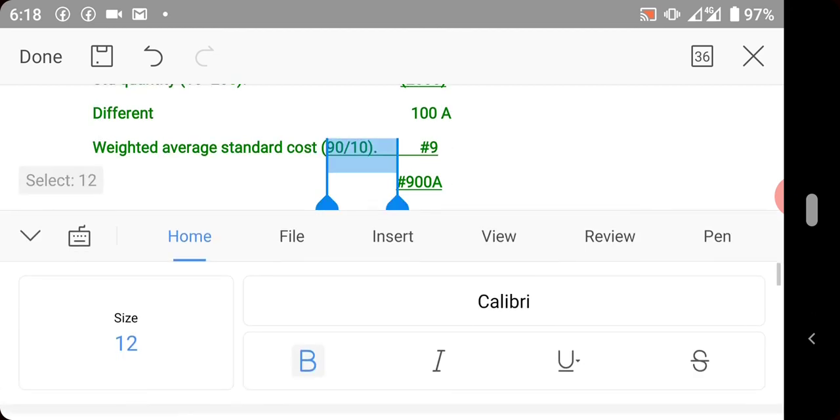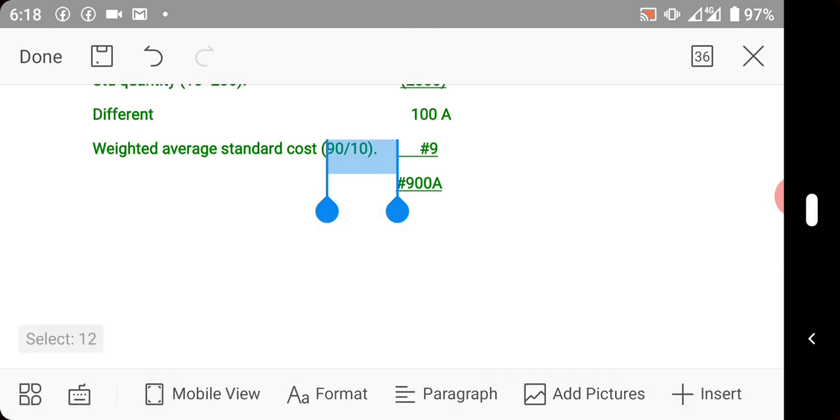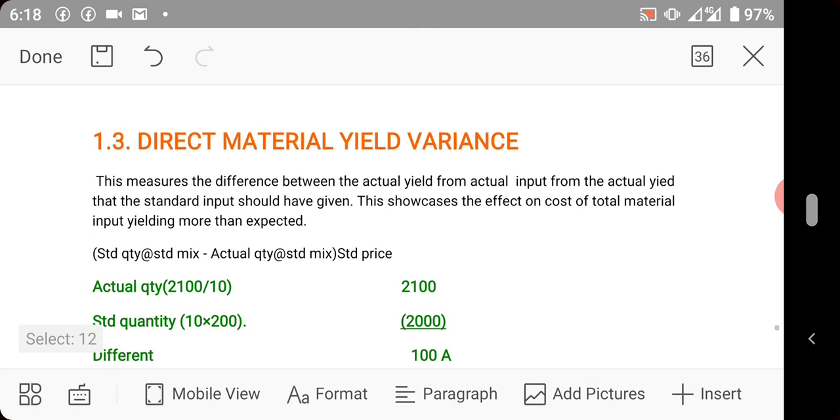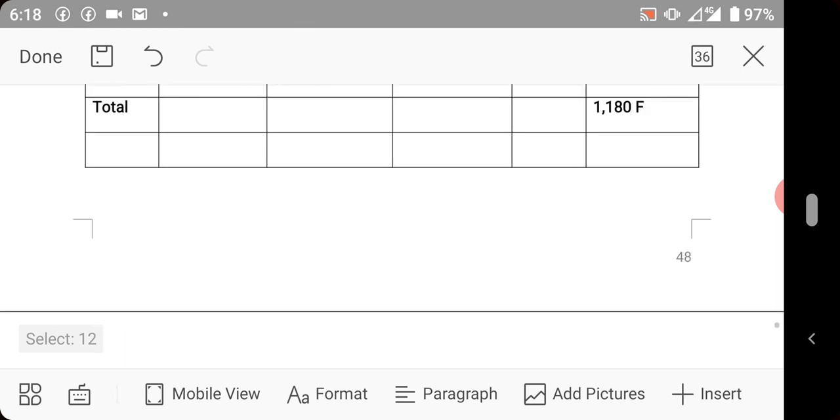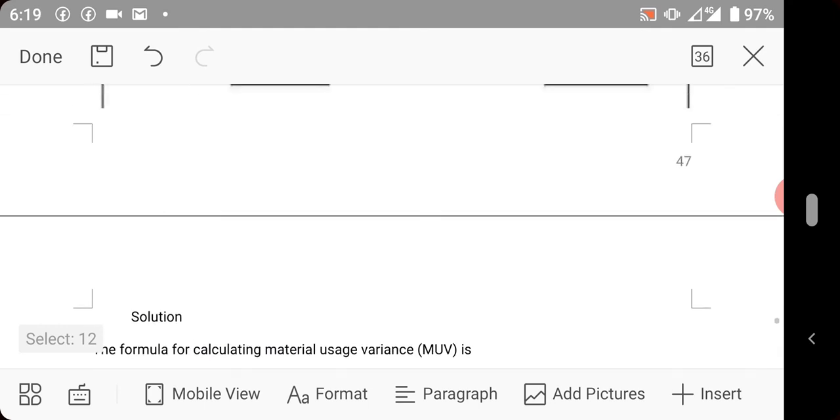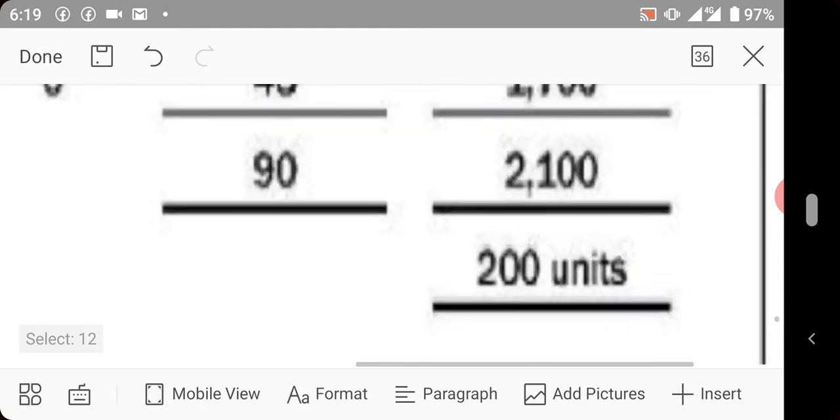So with this, we can actually say that we have computed yield variance. So yield variance is very simple. Your actual quantity, which is 2,100.